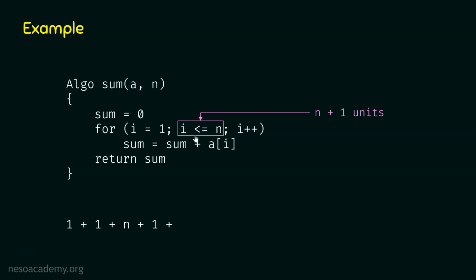But what when this condition becomes false? If this condition is false, then this statement sum equal to sum plus ai will not execute. And hence, this instruction will also not execute because I++ can only execute after execution of this statement. So one thing is clear, that when this condition is true, I++ will execute.